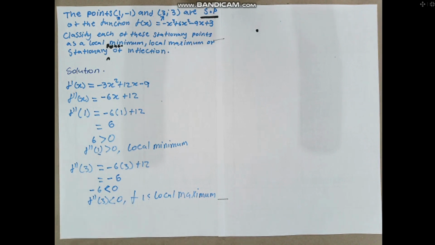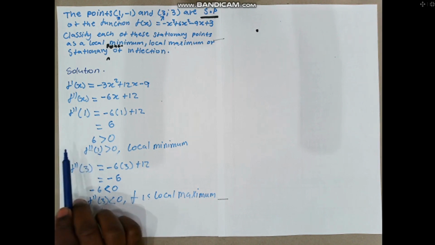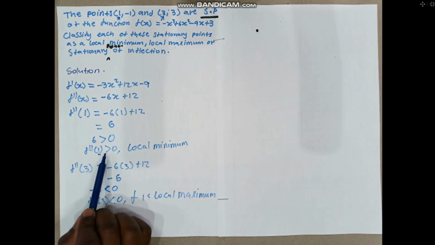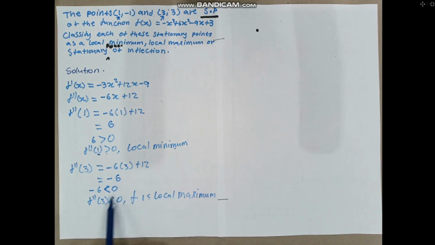Guys, make sure you understand this: if your second derivative at that specific x value is greater than 0, it's a local minimum. If the second derivative at that specific x value is less than 0, meaning it's negative, then f has a local maximum.